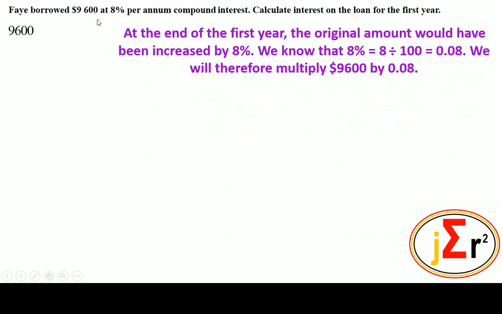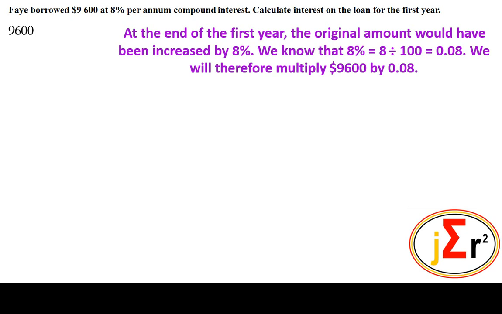Therefore, after 1 year, 8% of the principal will be the interest. At the end of the first year, the original amount would have been increased by 8%. We know that 8% is equal to 8 divided by 100, which turns out to be 0.08.